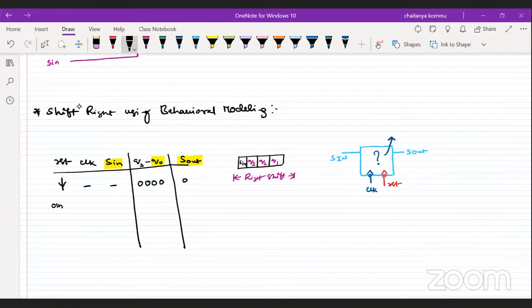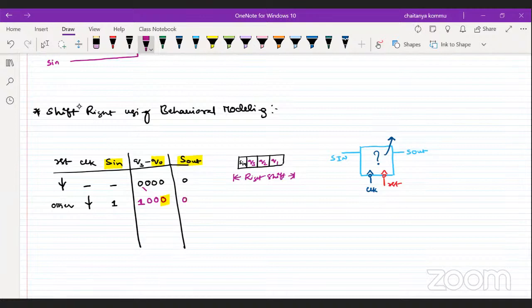For other cases of the RST, we have a negative edge of the clock. If SIN is equal to 1, for example, then what will happen? The Q3 is assigned logic 1. This one is going here, this one is going here, this one is going here. So according to this, we will get a 0 at this point.